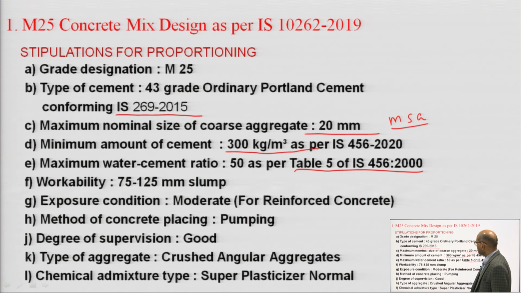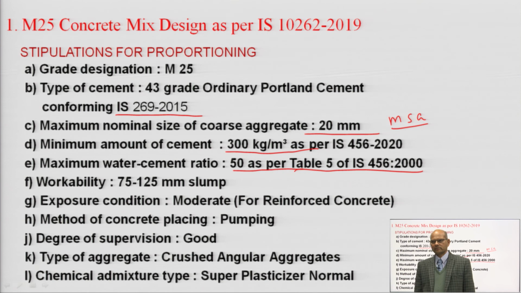Here in our case, the maximum water cement ratio for M25 is for the moderate exposure condition, and you must not exceed a water cement ratio of 0.50. Even if we are able to get the M25 strength with a water cement ratio of more than 0.50, no, we have to restrict it to 0.50. That is important.